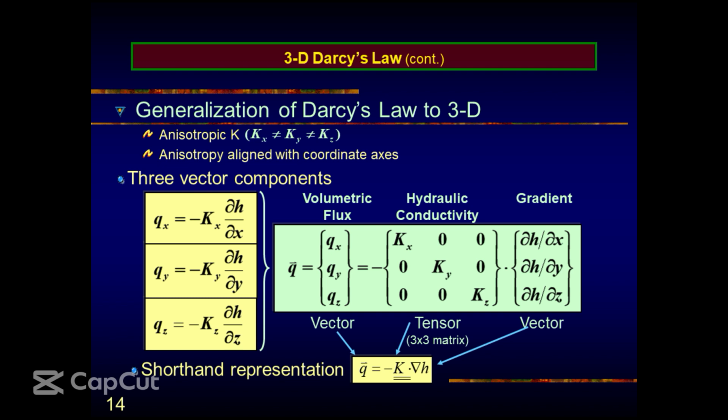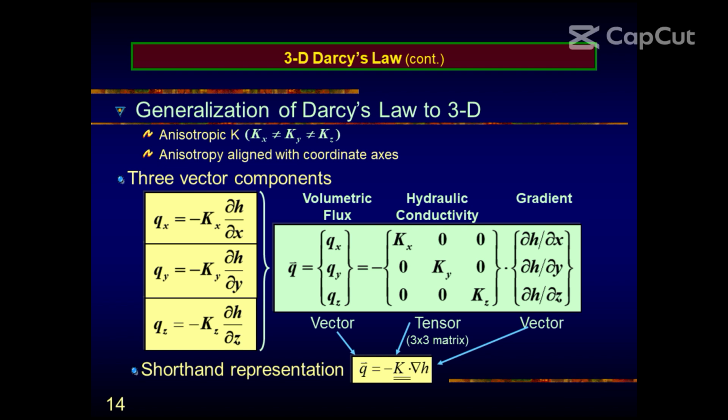But then, this is the Cartesian coordinate system. These are the principal axes, isn't it? When they are aligned with the Cartesian coordinate system, the cross terms will cancel out, because they are all orthogonal, 90 degrees between them.